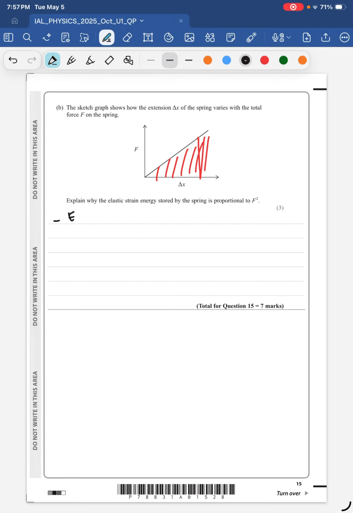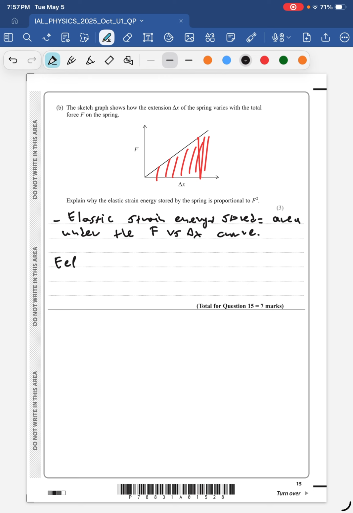So the elastic strain energy stored is equal to the area under the F versus delta x curve. Okay, so the elastic energy is simply 1/2 F times delta x, which is this area that I drew with a red color, right? It's the area of a triangle, so 1/2 F times delta x.